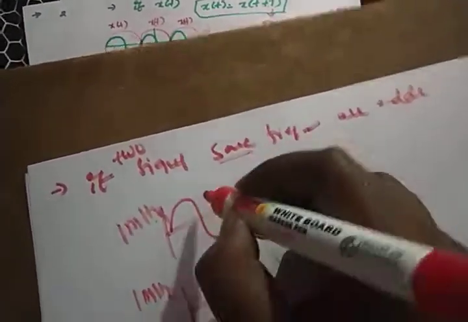If you add them, you will get a sinusoid. If one is a periodic signal and this is also a periodic signal, the resultant will be a periodic signal. This is one important question. If two periodic signals of the same frequency are added, then definitely the output will be a periodic signal.